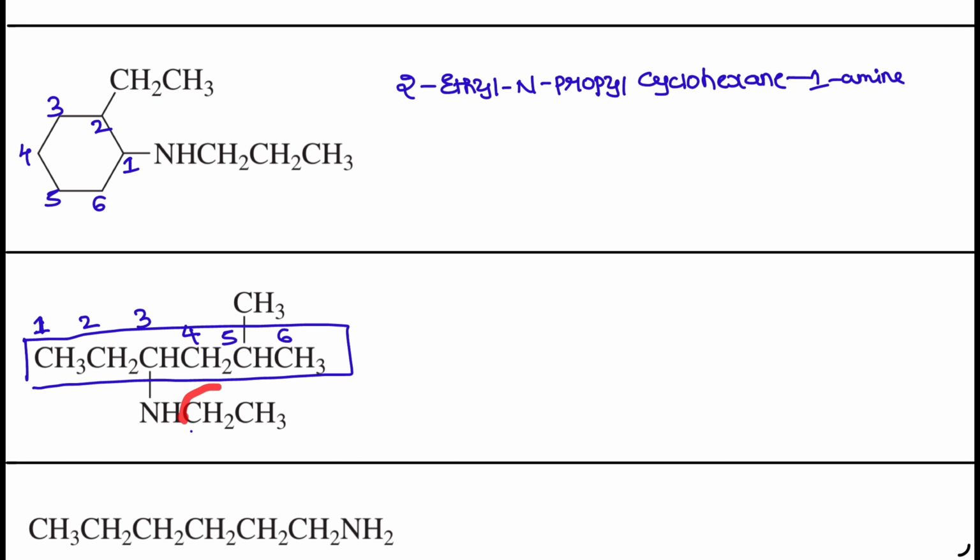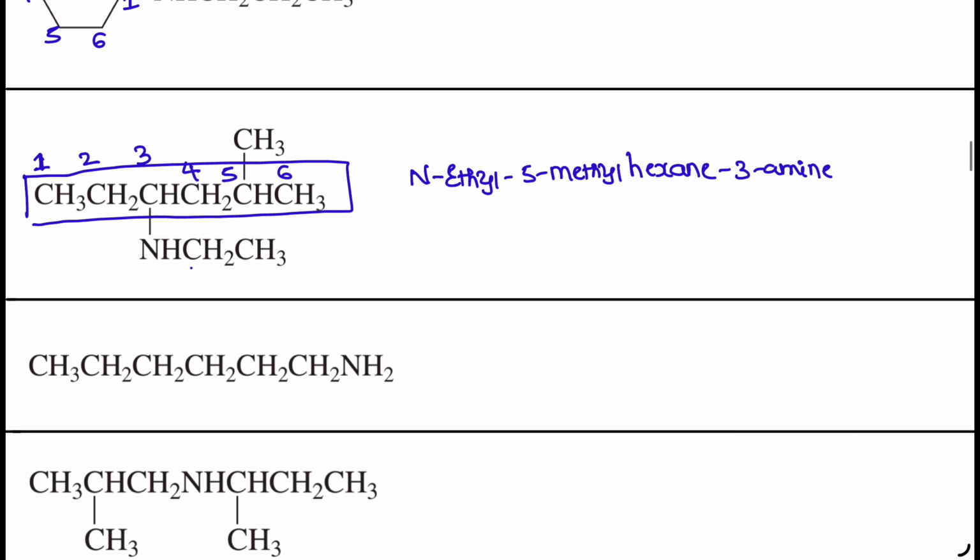There are 2 branches, ethyl and methyl, only alphabetical order. Therefore, it is N-ethyl, 5-methyl, prefix is over, root word hex, primary suffix ane, secondary suffix amine. So that is at the third position, 3-amine.